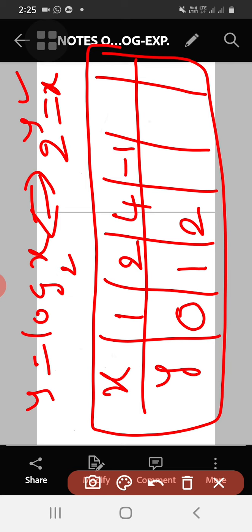If y is minus 1, that will be 1 by 2, which means 0.5. Then minus 2, 2 to the power of minus 2 is 1 by 4, which means 0.25.